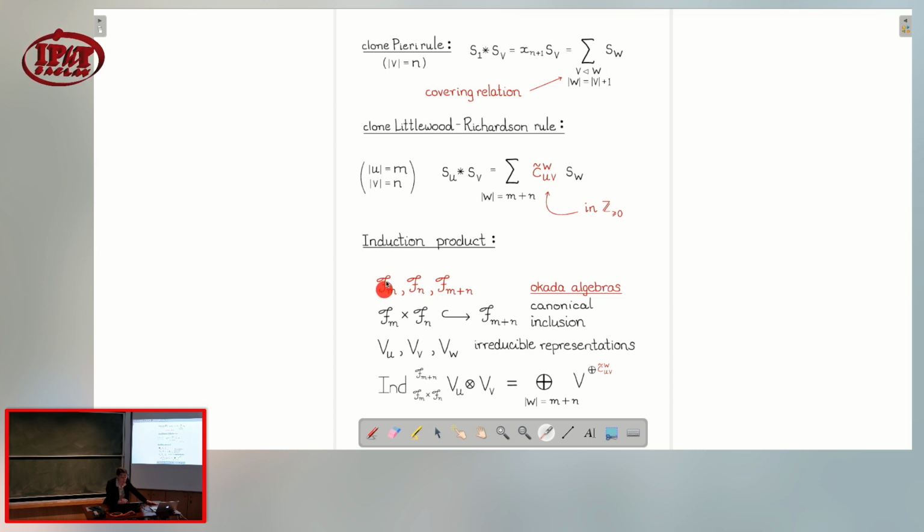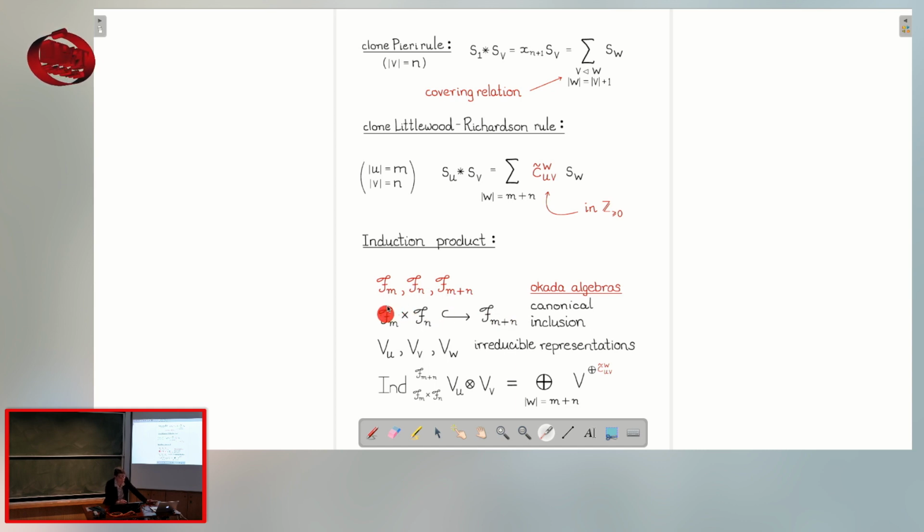The irreducible representations of this F_m will be indexed by the Fibonacci words of rank m. And so given these three, F_m, F_n, and F_{m+n}, we can take irreducible representations corresponding to Fibonacci words, take the tensor product of V_u with V_v, and induce it in the same way.